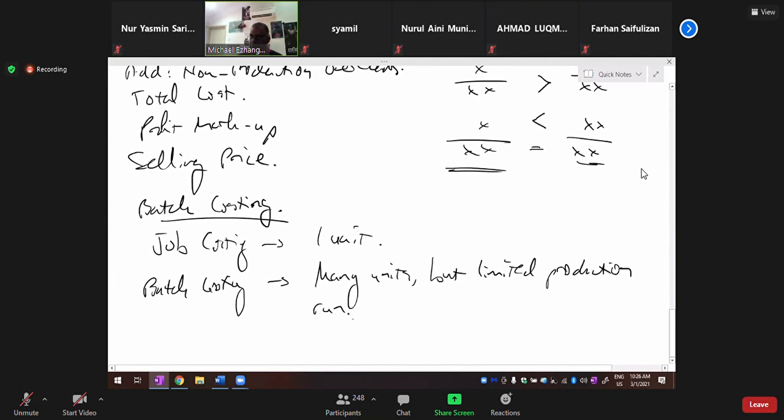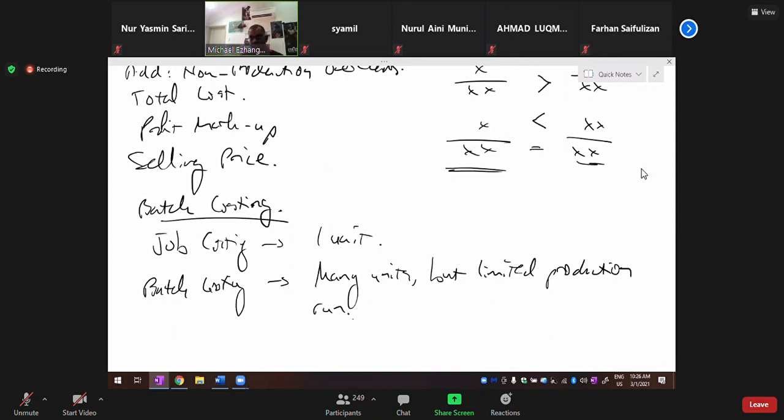We're not going to make, listen, important, yeah, batch costing, right? We're not going to make the same unit, same number of units forever. If you make the same number of units continuously forever, then what you're looking at is process costing, a different topic altogether. You follow what I'm saying?